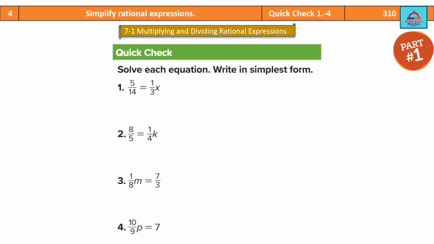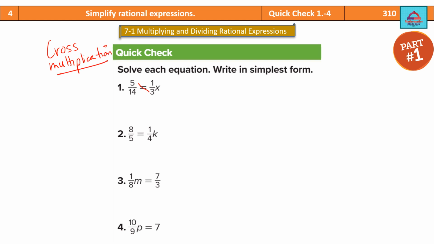Okay, let's solve these questions now. These are very easy. You have to find the value of the unknown variable and write your answer in simplest form. The common method that I'm going to be using for solving all these questions is cross multiplication, which most of you must be aware of.